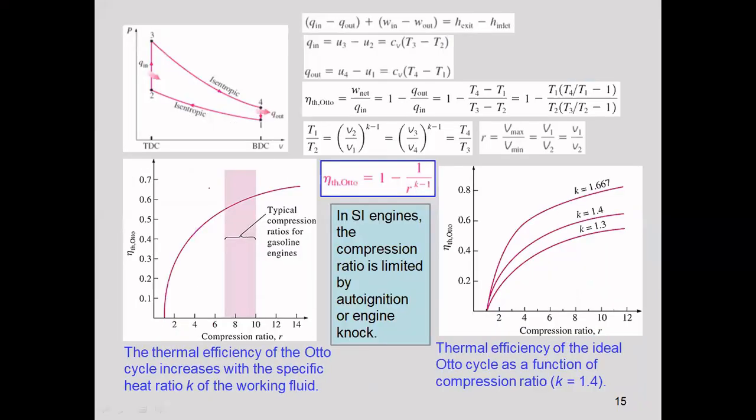Now we will try to analyze, in short, what is the efficiency and also the first law analysis for this cycle. First law analysis. If we apply the first law, this is first law.